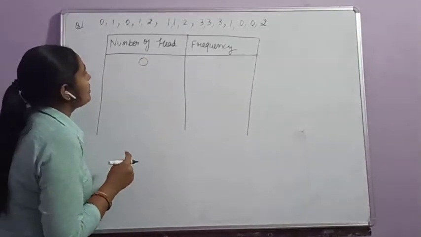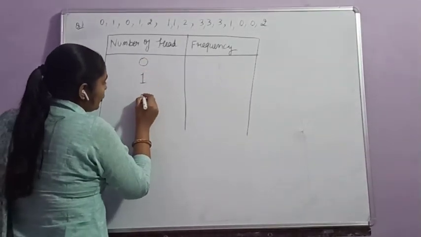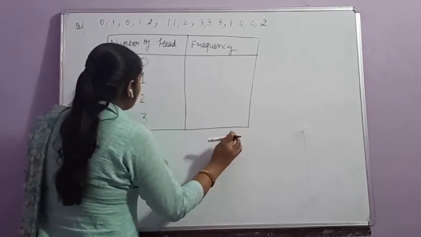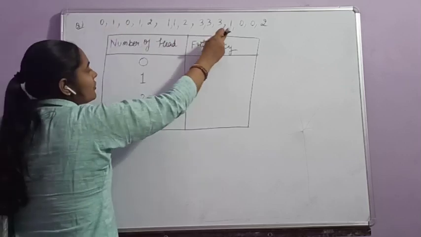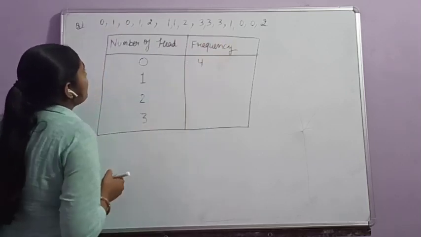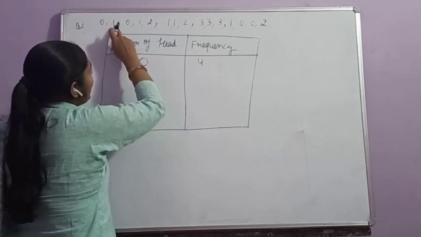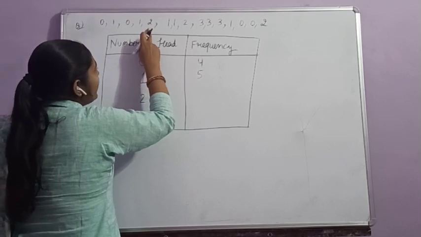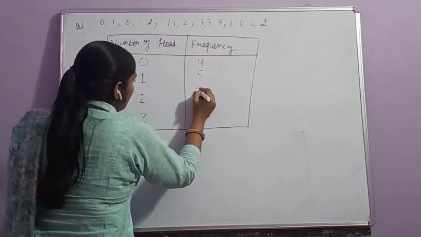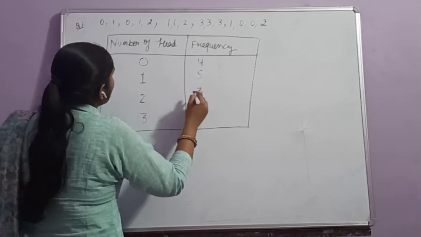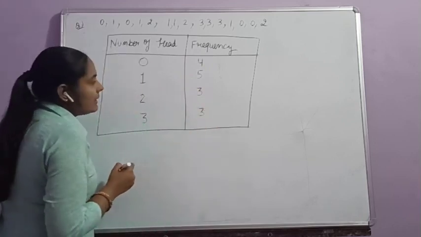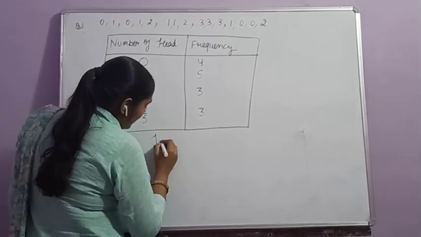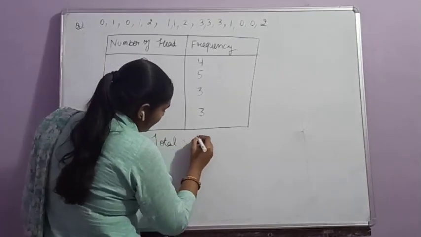Smallest is 0. Next is 1, 2 and 3. 0 occurs 1, 2, 3, 4 times. Similarly, 1 occurs 1, 2, 3, 4, 5 times. 2 occurs 1, 2, 3 times. Similarly, 3 occurs 3 times. Clear? 4 plus 5, 9, 9 plus 3, 12, 12 plus 3, 15. That is the total number of observations is 15.